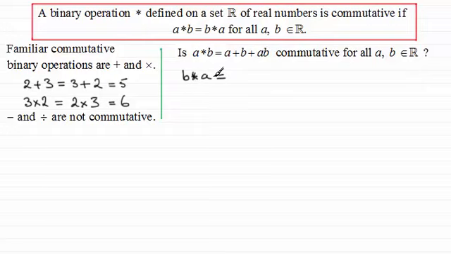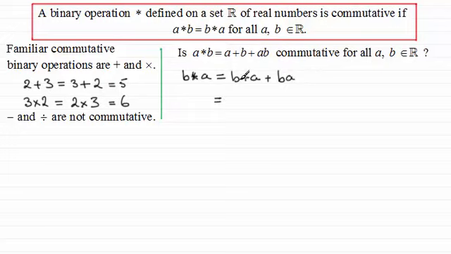If we do B star A, according to this rule, we add together the two elements first of all, so we've got B plus A in this example, and then we add to that the product of them, B multiplied with A.